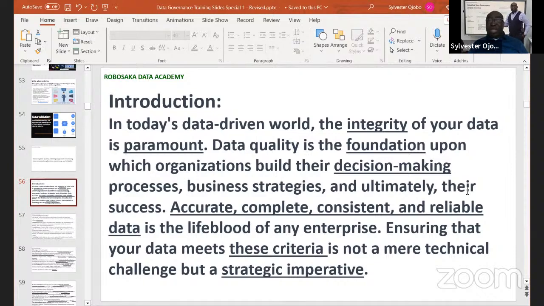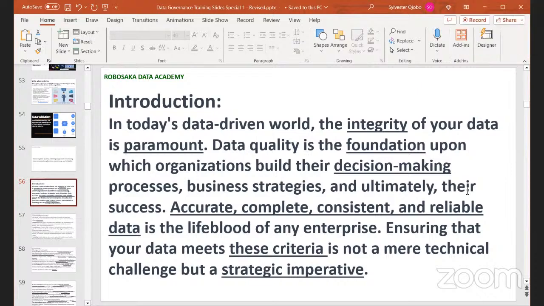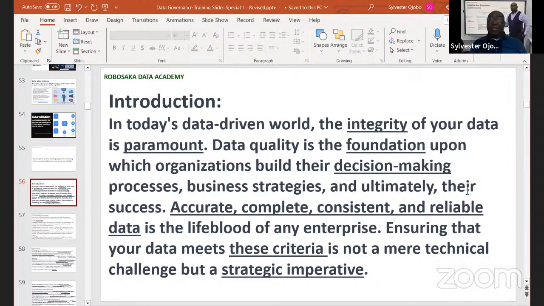It's paramount. So data quality is the foundation. Look at the word foundation, please. That is the reason why I said you must understand this. It is the foundation upon which every enterprise builds their decision making. So if there's no integrity, there is no proper foundation for decision making, because there's no status quo for the decision to be made. So I want you to understand that.